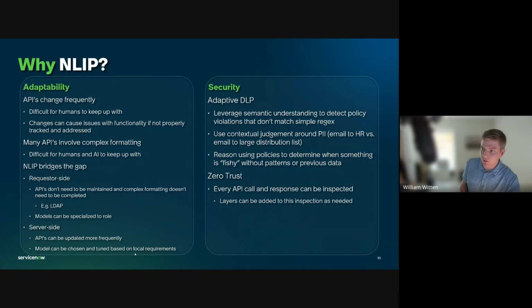This also offers a layer of security. So the first piece of this is the adaptive DLP that this allows you to have. So this is able to leverage semantic understanding to detect policy violations that don't match simple regex. So imagine that there is some information being passed back and forth. For example, in our example, the ServiceNow Cloud instance doesn't have consciousness of what types of services are deployed on-prem.